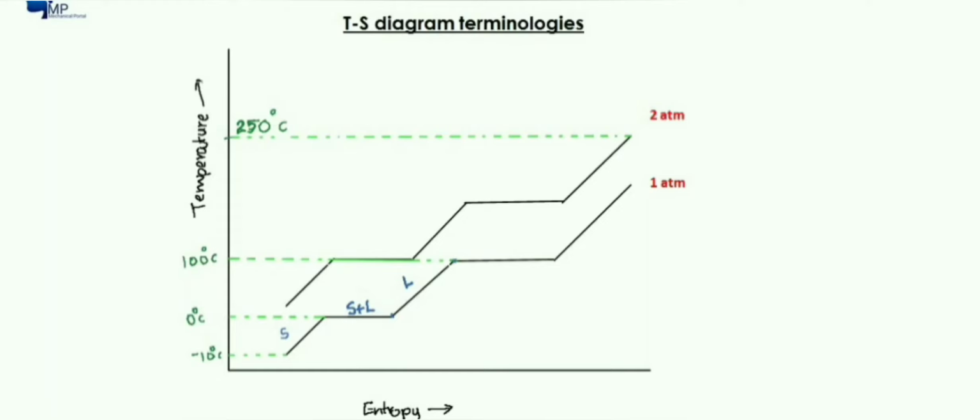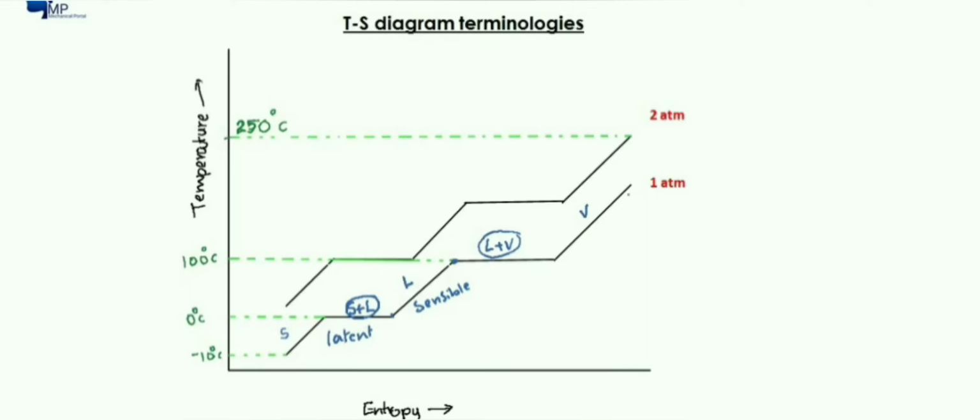At 100 degrees Celsius again a phase change occurs, liquid to vapor, and then it completely becomes vapor. In between these regions there is a phase changing region where the heat is latent heat, and the heat in the other regions is sensible heat. Okay, this is basically a TS diagram.